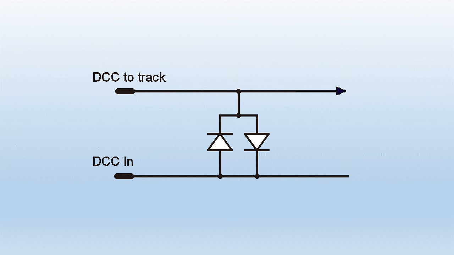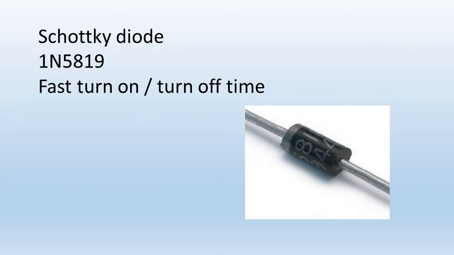So the Merg kit uses a special type of diode known as a Schottky diode. In this case, the 1N5819 looks like a normal diode, but it's much better at handling the fast switching speeds of the DCC signal. Let's have a look at the differences.